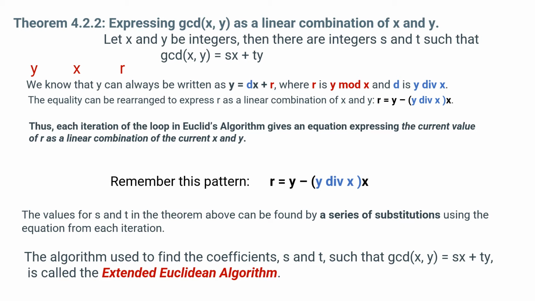Now you might be wondering, why do we need to find the s and the t? It turns out that is something we do need once we get to the RSA cryptography system. So we're going to learn how to get those.